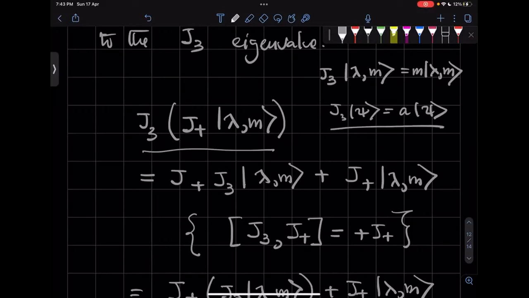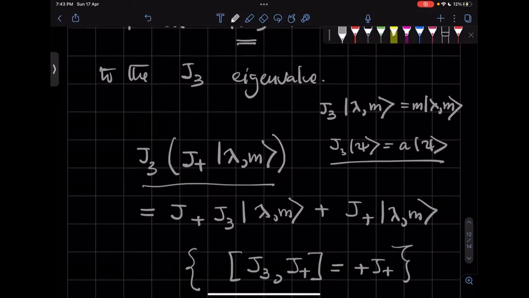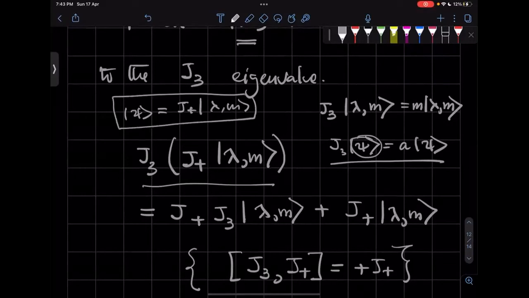Yes. So now I want to ask, if I take for this state psi, J plus acting on lambda m, what is A? Using this knowledge.